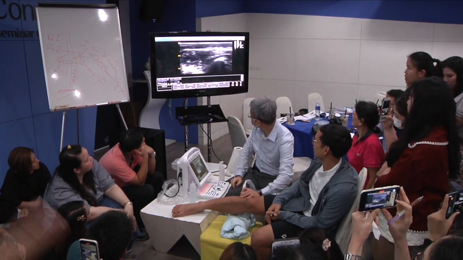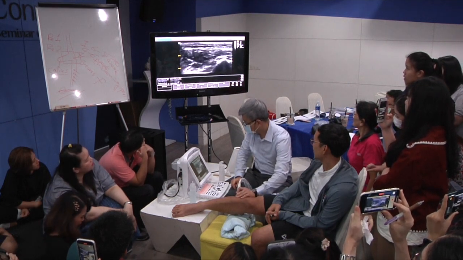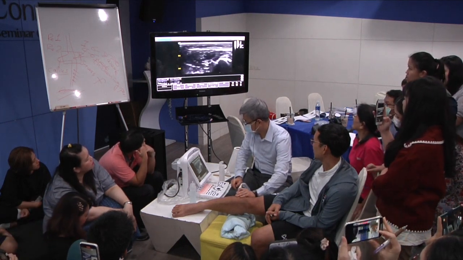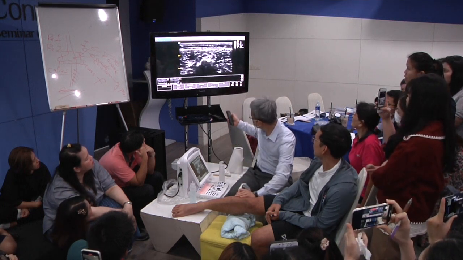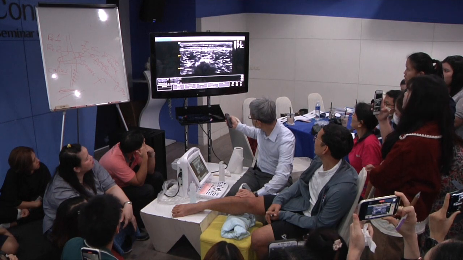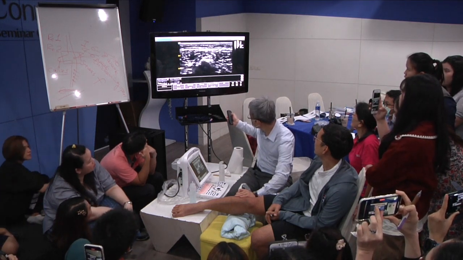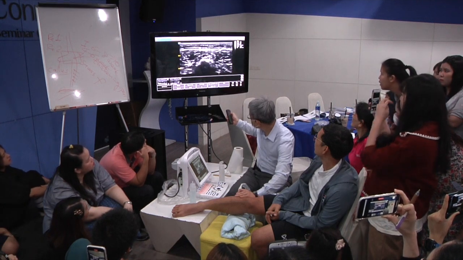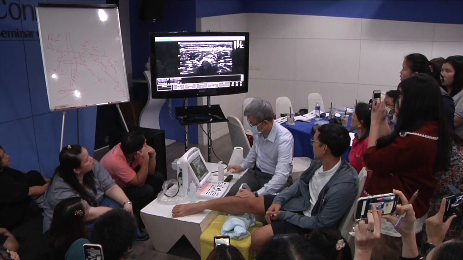Okay, but today's job is the peroneus longus. A border, right? Extensor digitorum longus, peroneus longus. There's a border. Find the border, and find the muscle.